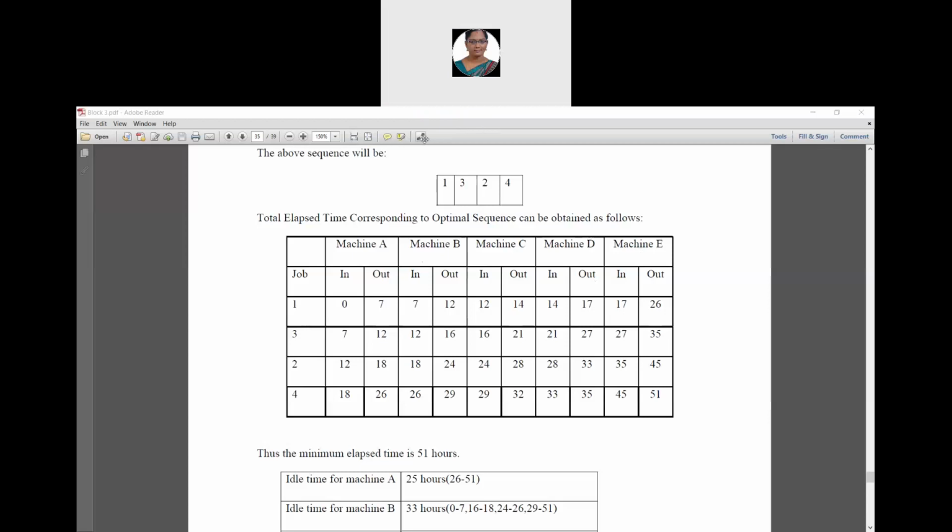For machine A, the first in value is always 0. And the out value will be the addition of in value 0 plus the processing time for job 1 in machine A. It is there in the problem.